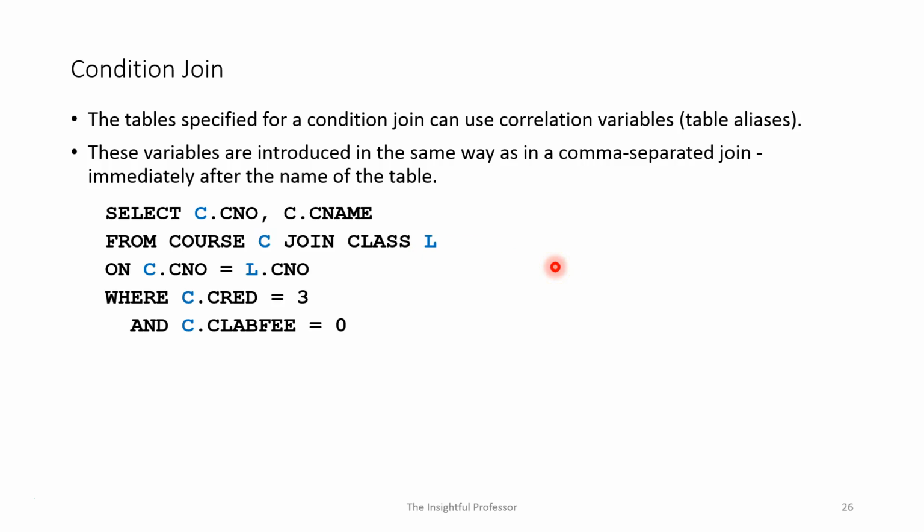And then those identifiers or labels can then be used anywhere throughout your query to qualify the names of the columns. Well, even though we're changing syntax here and using the condition join with the join keyword and on, we're still able to use the table aliases or correlation variables. So that's a real nice feature.